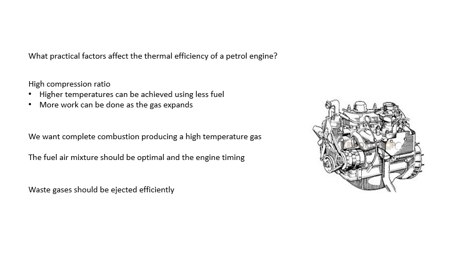Because if there's lots of compression of the gas, then it can get hot before we even burn the fuel. Okay, so that's going to be more efficient. Also, when it expands, it's traveling a bigger distance, so it can do more work. So this is why a diesel engine is more efficient than a petrol engine, because it has a much higher compression ratio. We want complete combustion of the fuel, okay, producing a high temperature gas.